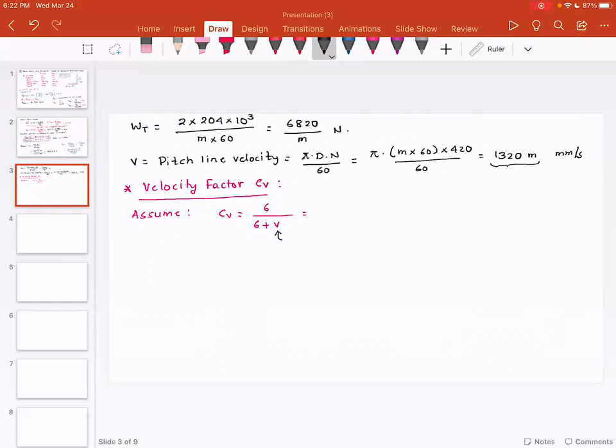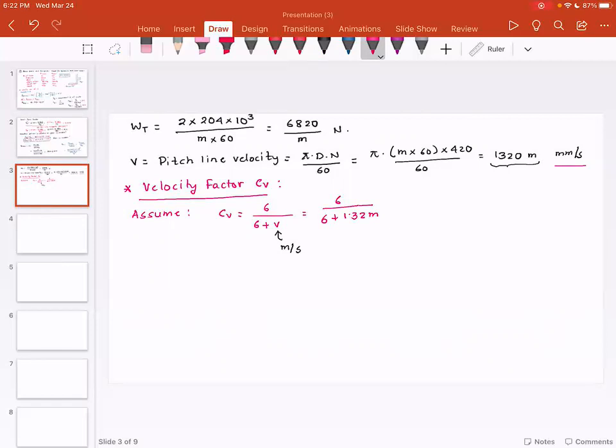One thing to observe here: in this formula the velocity is in meters per second, but here the velocity is in millimeters per second. So I need to convert: 6 divided by 6 plus 1.32 m, and that gives me the value of CV.